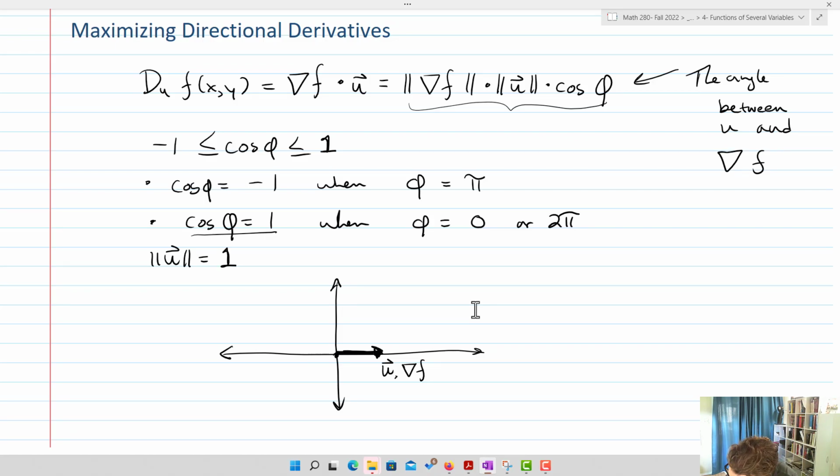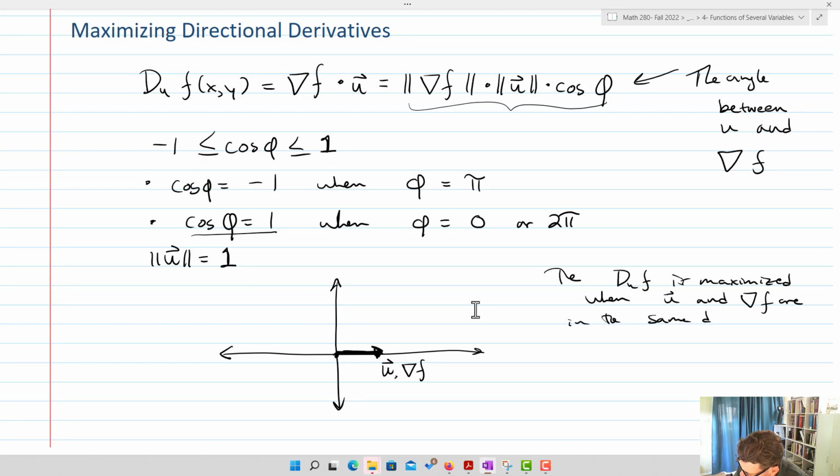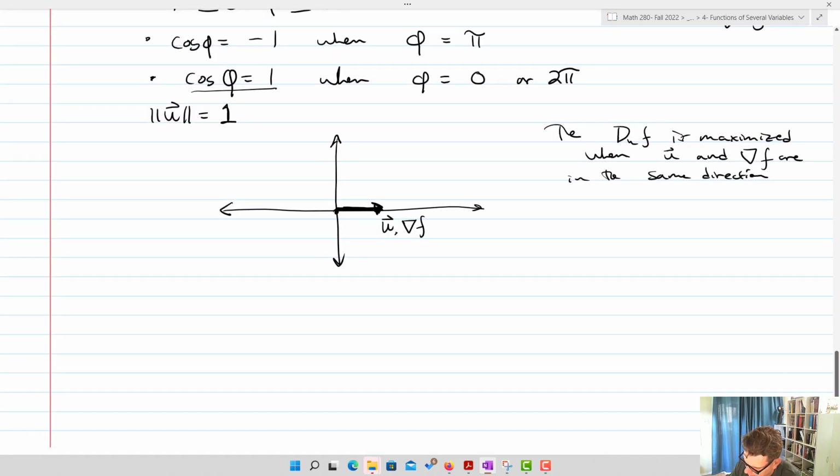So basically, the directional derivative, du of f, is maximized when u and del f are in the same direction. Hey, that's kind of cool, right? When phi equals 0, that means that del f is in the same direction.